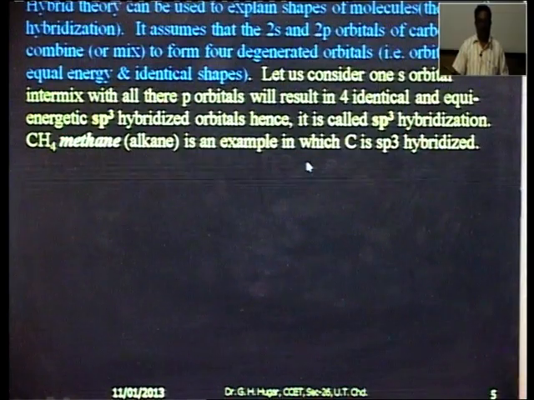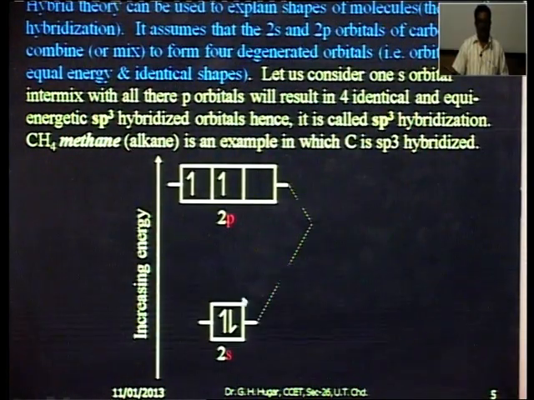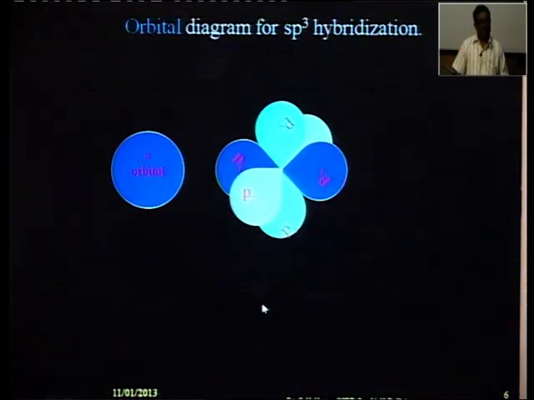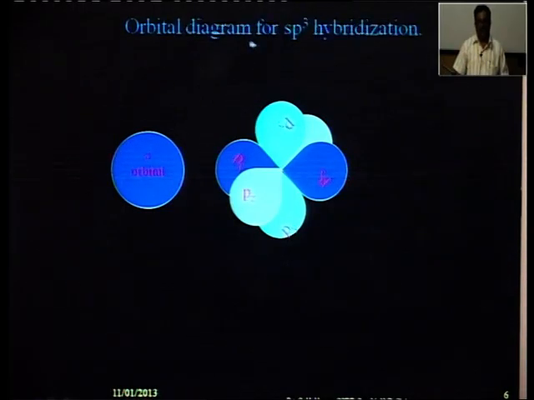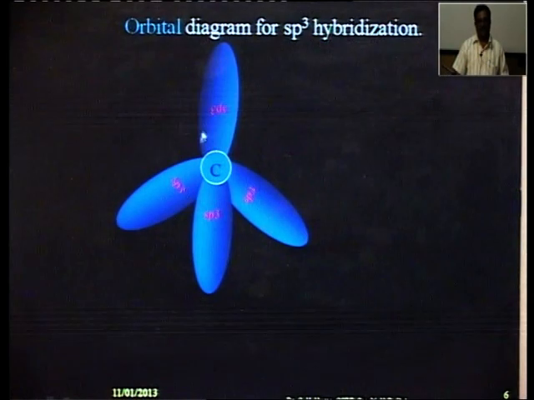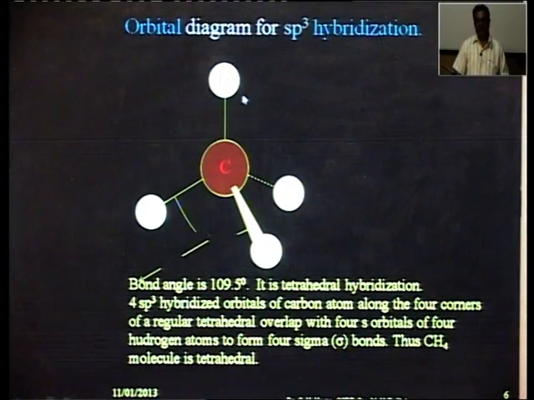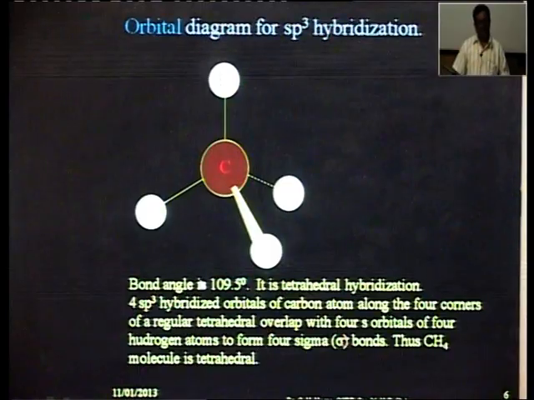Here this 1 s and 3 p intermix, 4 sp3 hybridized orbitals are produced, and these 4 sp3 hybridized orbitals are at the 4 corners of a regular tetrahedron. This is a diagram which illustrates the intermixing and the formation of 4 sp3 hybridized orbitals, and this is found in methane, because methane is the best example of an sp3 hybridized carbon atom.